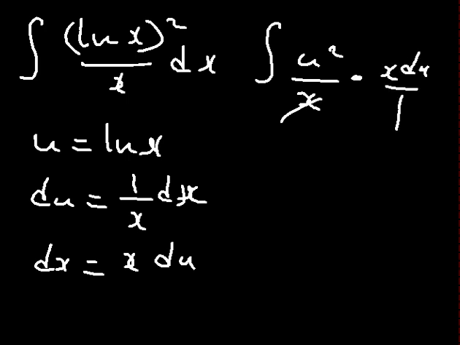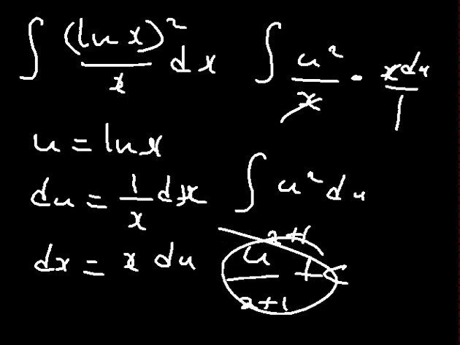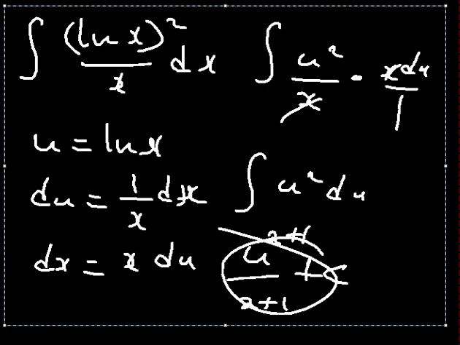In this case we'll have this one cancelled, then we'll have the integral of u² du. So what is the integral of u²? It is given as u^(2+1) over 2+1, plus c. So you can take it from there. You just have to substitute the expression which the u was representing.